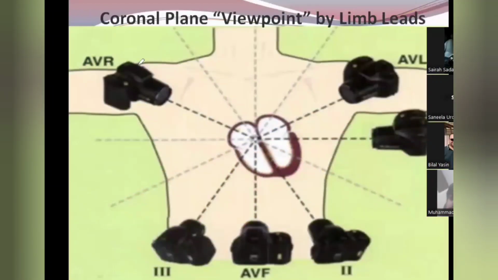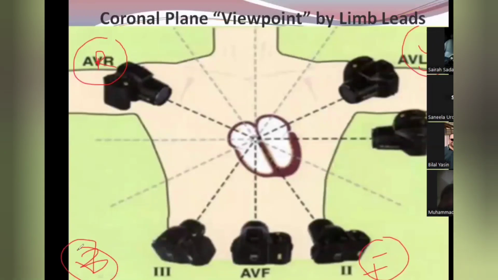If you consider the leads as cameras, we place the red, or the limb leads, here, the yellow one here, and we place F, the foot, the inferior one, on the feet, and then the black one here. The black one is neutral, so we will not count it.